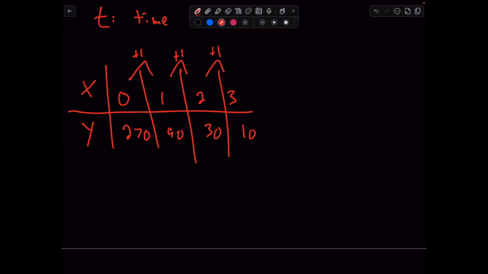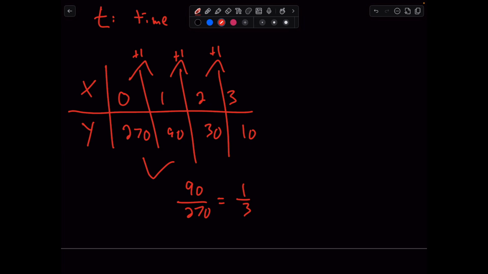So now, on the bottom, you're looking at this, and you can just tell it's going down, right? 270, 90, 30, 10. It's going down. So what we do is we take these first two values here, and I'm going to go 90 over 270. And I'm going to reduce that to 1/3.